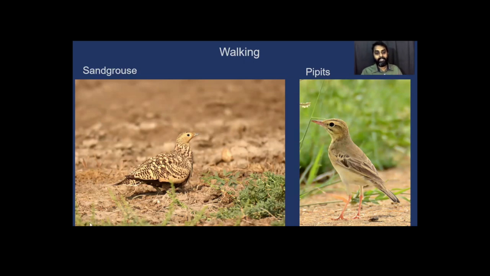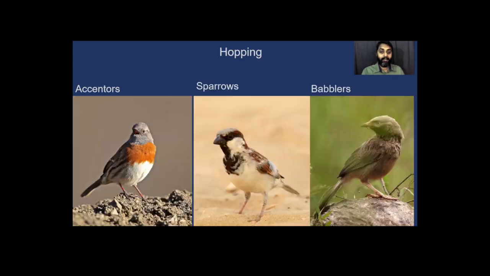Take the examples here: the sandgrouse and pipits. They spend a lot of time on the ground and they walk. So do the pigeons and mynas. You have chicken. All of these walk, correct? However, other common birds like bulbuls, sparrows, babblers, they don't walk, they hop.